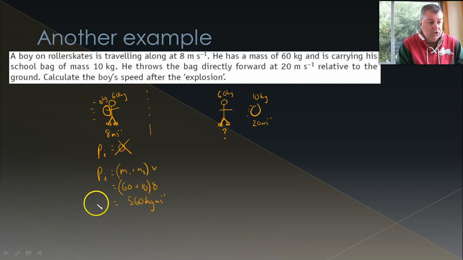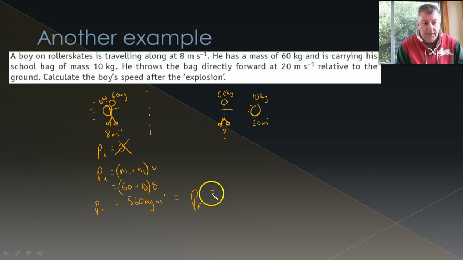Now that's going to be the initial momentum. So that's got to equal the final momentum. And the final momentum is made up of two momentums.